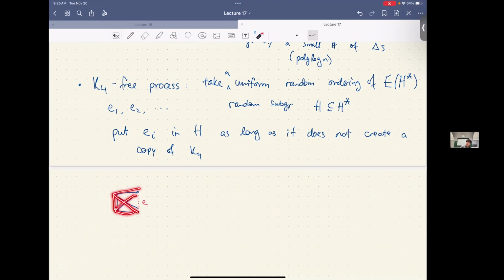If they have been chosen to be in H, then we cannot pick E. We just discard it.